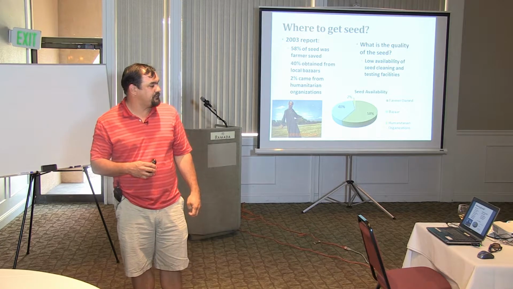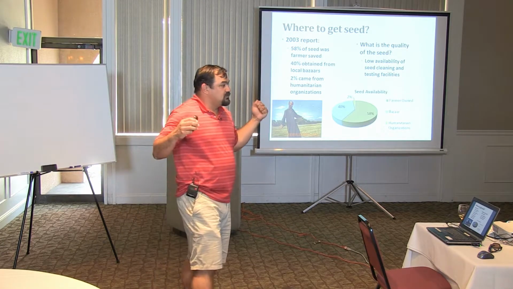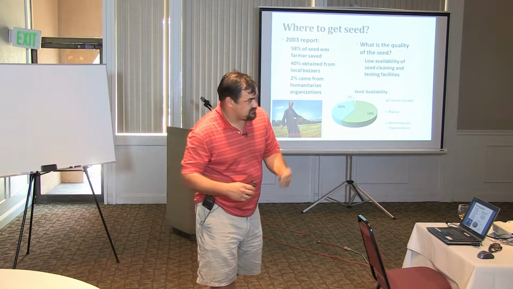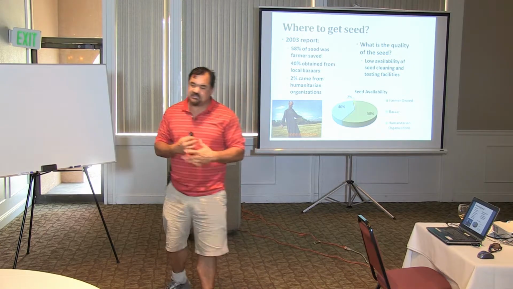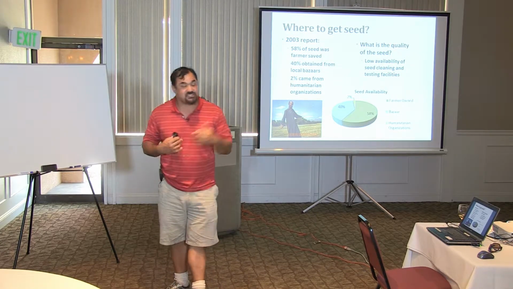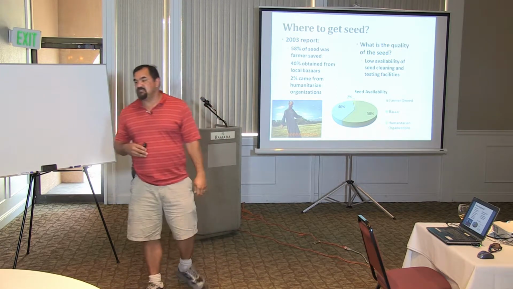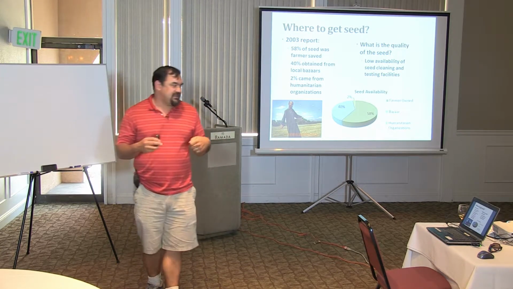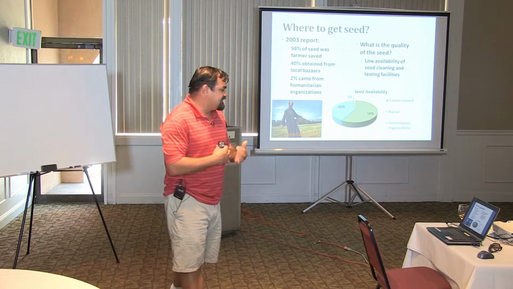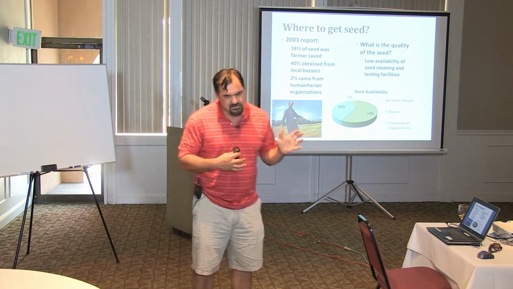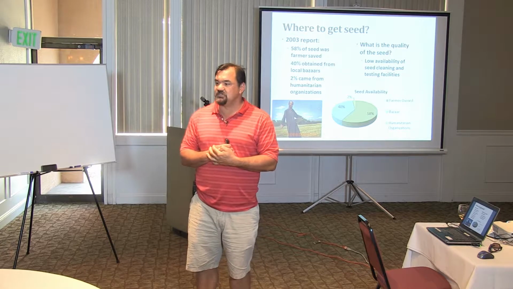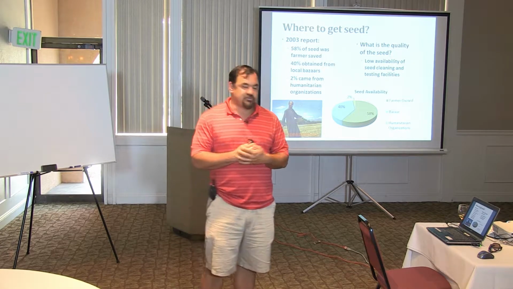Okay? So 58% of all the seed that the farmer uses to plant this year came from last year's crop. If, however, he runs out of seed, he can obtain seed from the local bazaar. So about 40% of the seed came from the local bazaar. So that means that he ran out of seed.